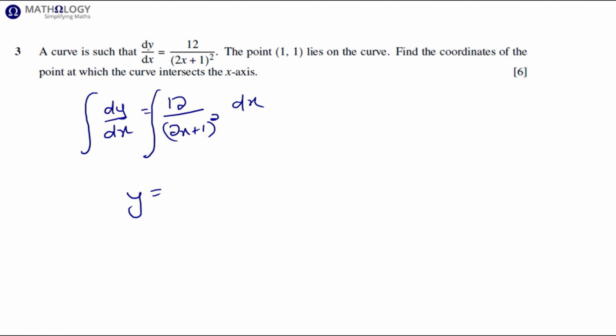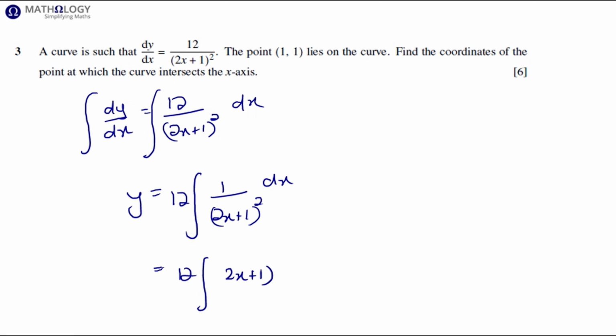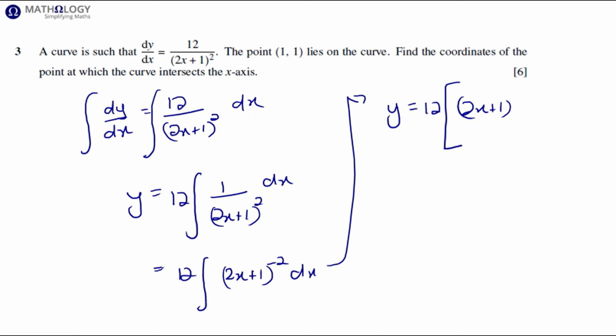So y will equal the integral of, and we'll take this 12 out as a constant, 1 over (2x plus 1) all squared dx, which equals 12 times the integral of (2x plus 1) to the minus 2 dx. When we integrate (2x plus 1) to the minus 2, we're adding 1 to the exponent, so (2x plus 1) to the minus 1.